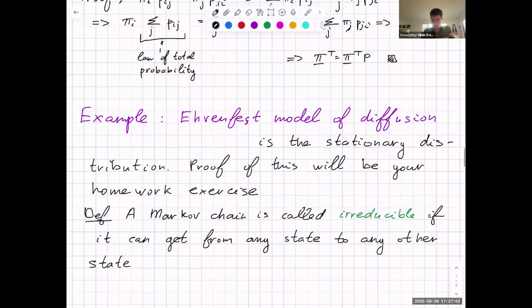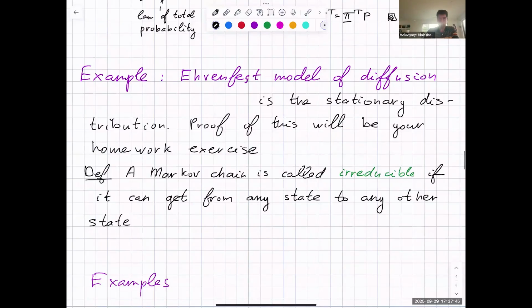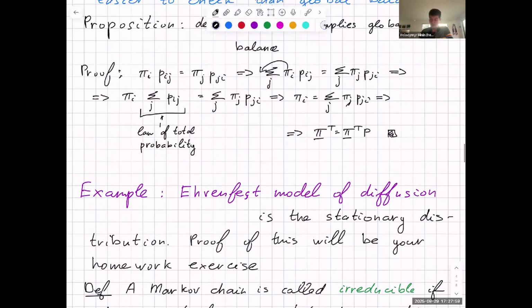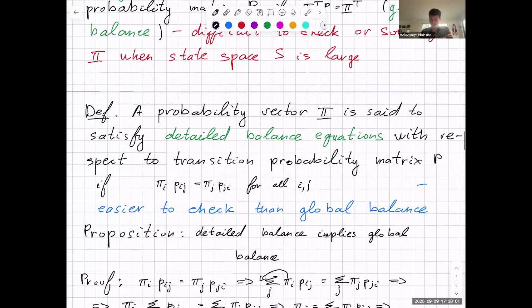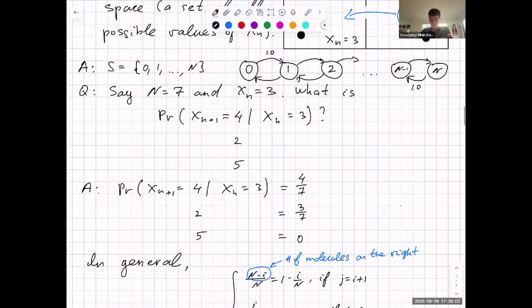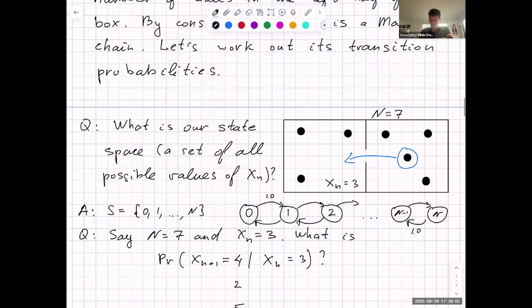Let's maybe look at an example. So in the Ehrenfest diffusion model, it turns out... Actually, hold on a second. I want to ask you this. If you were to guess a stationary distribution of Ehrenfest diffusion, and don't Google or ChatGPT it right now, let's just play a fair game here.